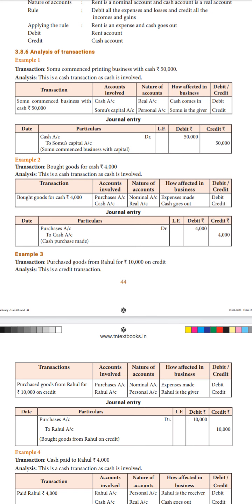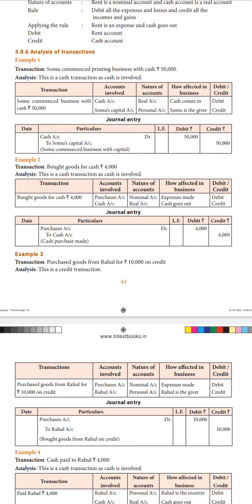As per the nominal account rule, debit all expenses and losses, credit all incomes and gains. When you purchase, you are spending a certain amount, so automatically it is an expense to the business, so it is to be debited. Then the next account affected is the cash account.